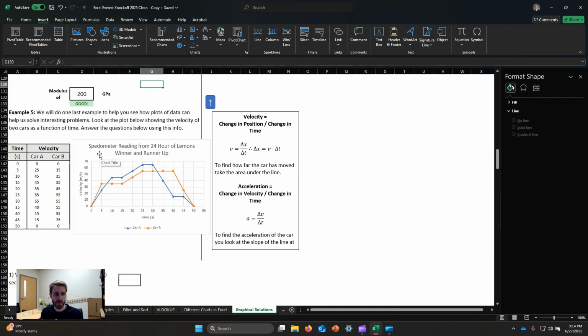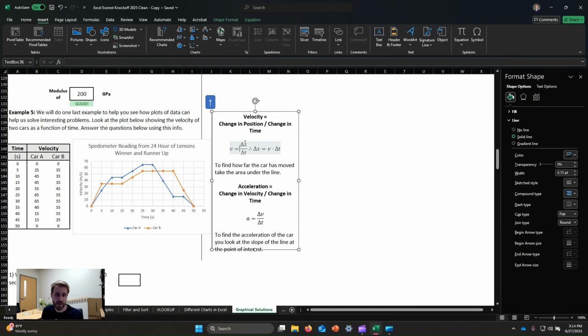And what we want to figure out is a few different things about how far they've gone, their distance, and how quickly they've accelerated, their acceleration. And so if we know only the velocity, we can figure out both of those things by using that time data as well. So the change in distance traveled over change in time is going to be velocity, or the change in distance is velocity times change in time.